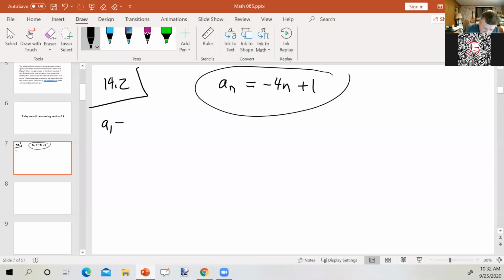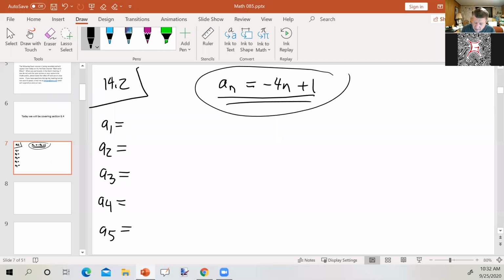So we want to find a sub 1, a sub 2, a sub 3, a sub 4, and a sub 5. So using this formula, a sub 1 would be -4 times 1 plus 1, which is -4 plus 1, or -3.